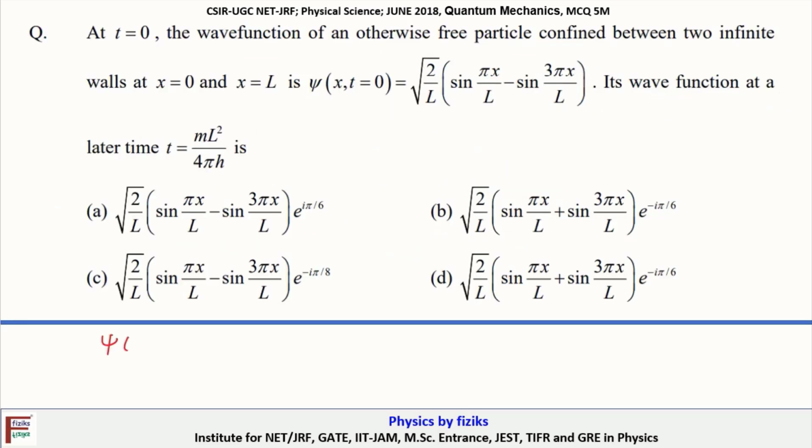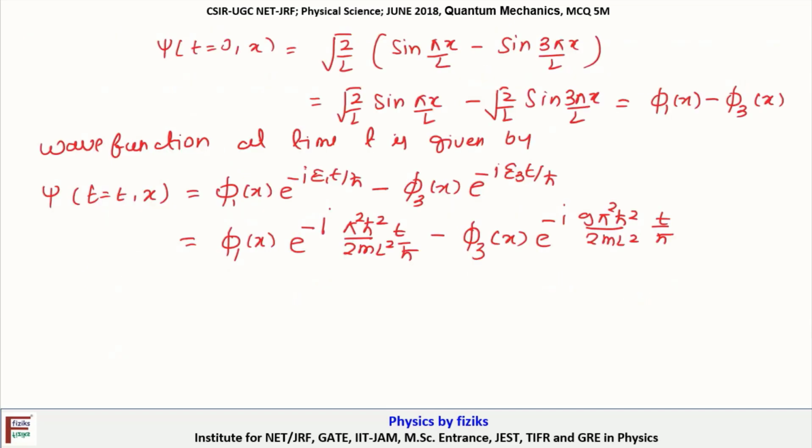Further, the question has defined t equals m L squared by 4 pi h cross.